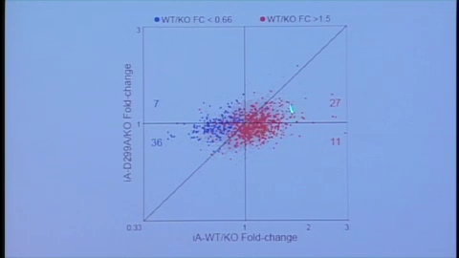And in red are AIRE-induced genes in a wild-type situation, and in blue are the AIRE-repressed genes. And if they were expressed the same in the wild-type or knockout, they'd be along this diagonal. The fact that they're splayed along the x-axis here means that the majority of them, while being upregulated in wild-type, are poorly upregulated in the knockout.